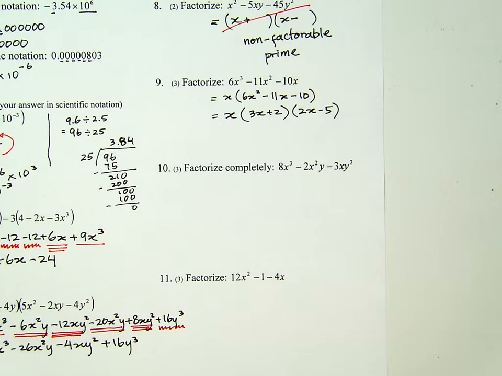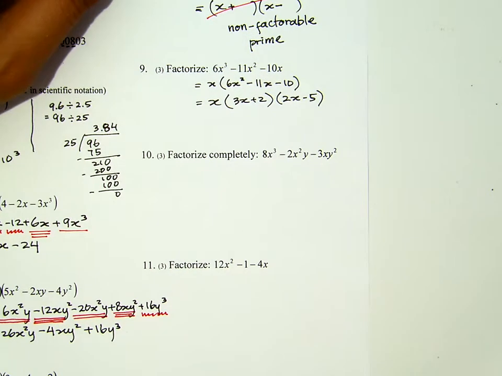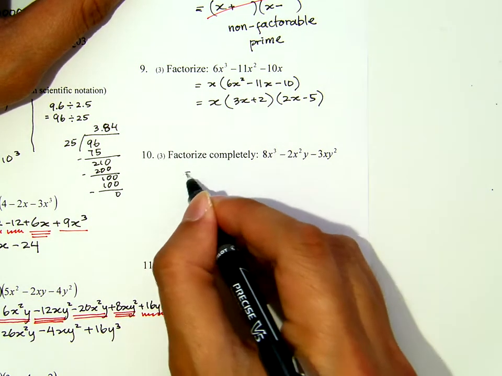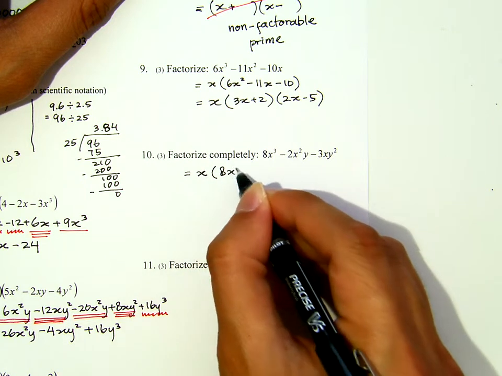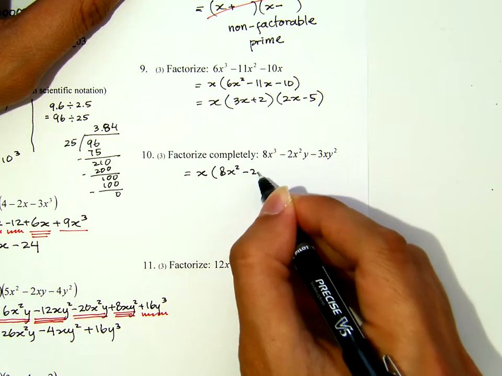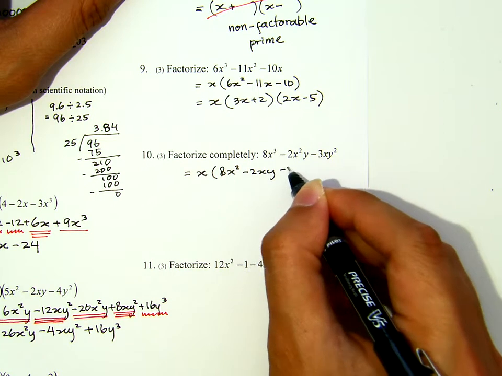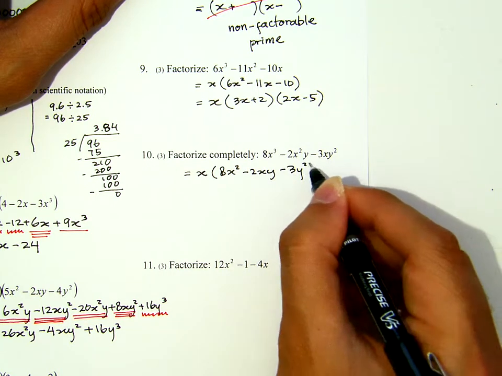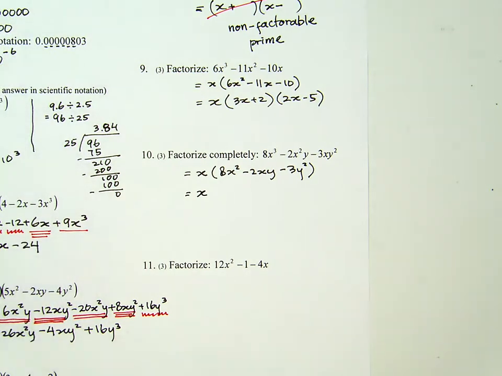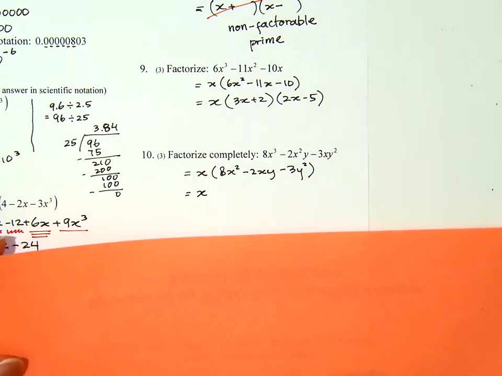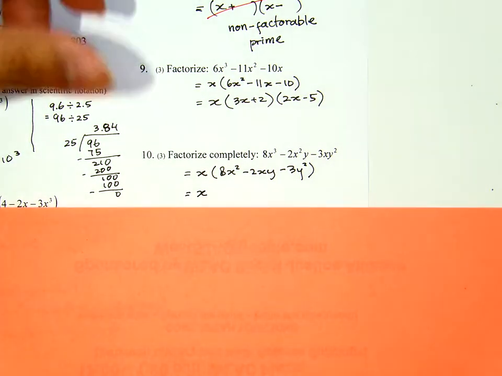Number 10, factor completely. Do we have a common factor there? Yeah, we have x as a common factor, so I take x out. I have 8x squared minus 2xy minus 3y squared. Now, just like before, I will consider this as a prototype case.